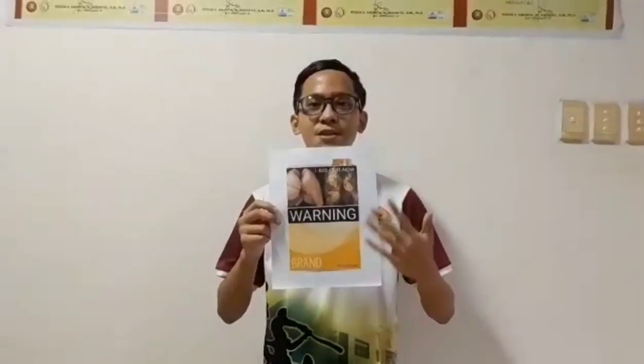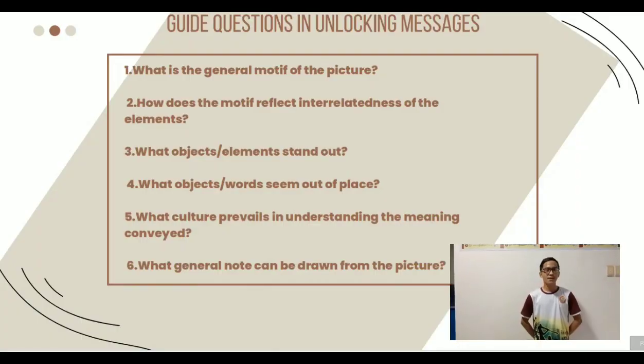In this example, we can see that the picture shows a lung and a damaged lung. So the audience can understand the picture by giving meaning to it, like over smoking can cause damage to lungs. So here are the guide questions in understanding a picture.